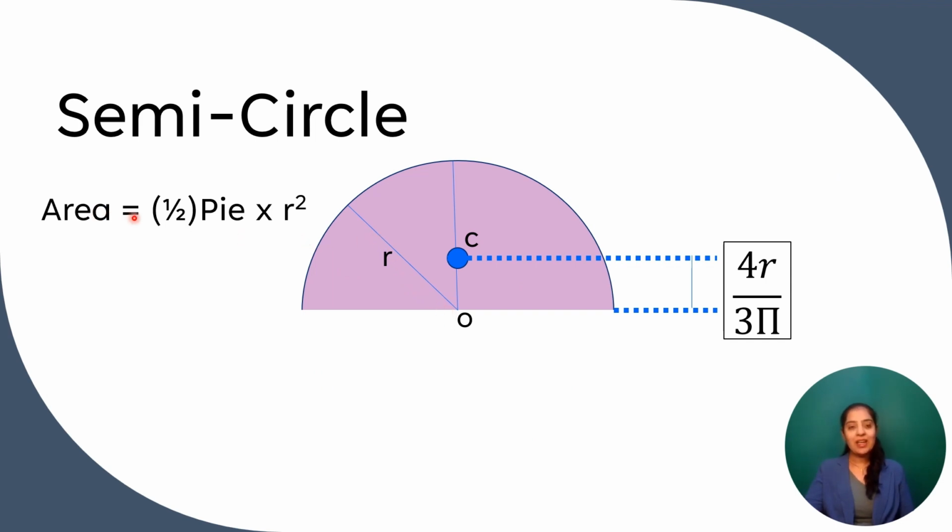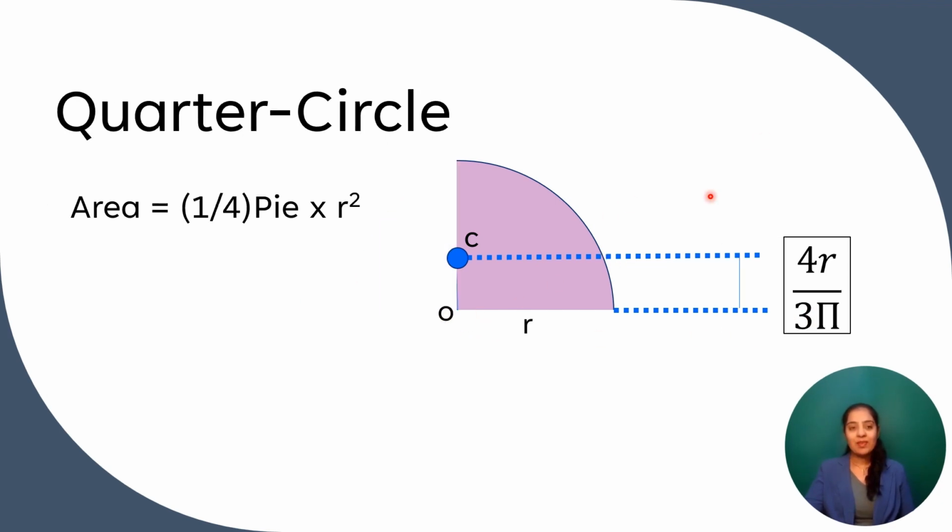Then its area is 1/2 of pi r square and its CG is located at a distance of 4r upon 3 pi. Quarter circle. Its area is 1 by 4 pi r square and its CG is also located at a distance of 4r upon 3 pi.